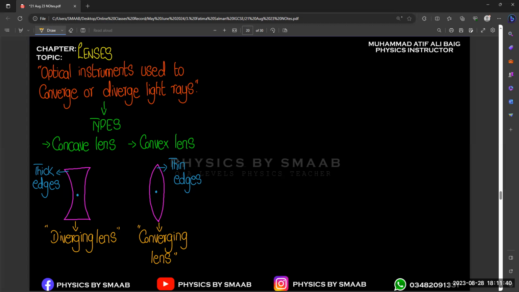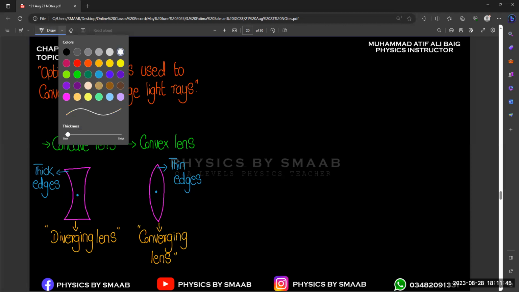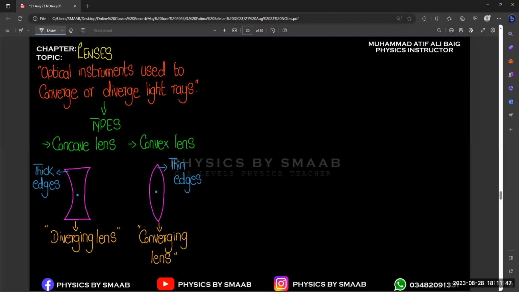So sometimes you get a straight line. We are practicing the ray diagram in our class or in our lecture, so we always draw a straight line, right? That will give you some concept of how to identify things in the exam also, right?